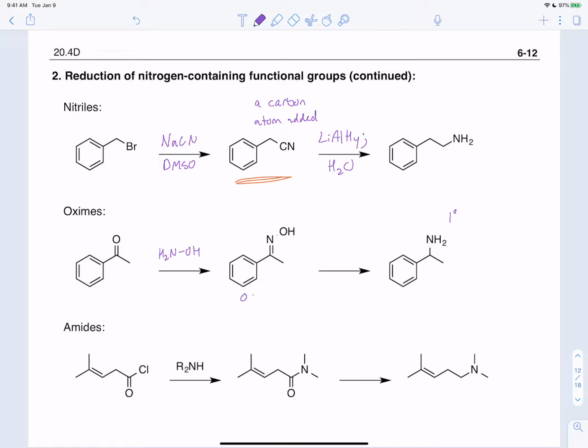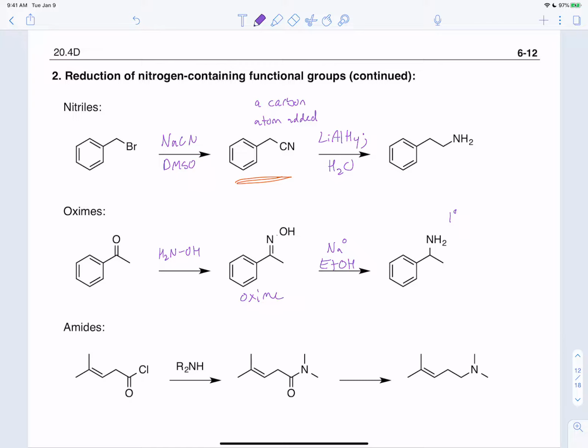This will be a stable intermediate that can be isolated, and this can be reduced using slightly different conditions. These will use single electron reducing conditions, so this is sodium metal and ethanol. This will cleave the NO bond and do further reductions. You don't need to worry about this mechanism, but this is an effective way to make primary amines starting from a ketone without having to use ammonia, which can have problems.